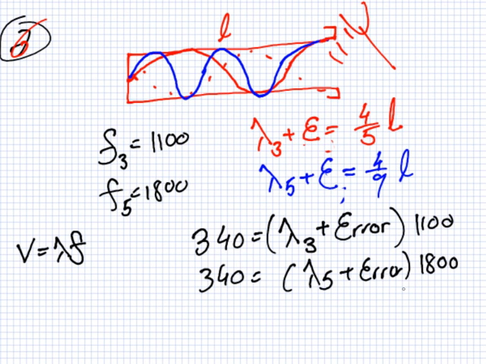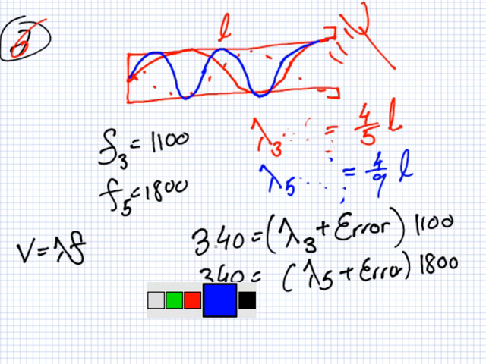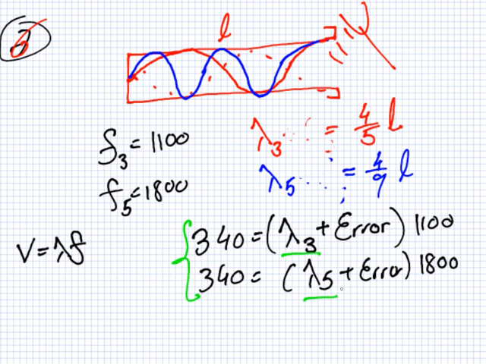Now, let me just remove the e's here. I don't want to write them twice. I already wrote the errors here. Now, if you look at this, how many equations do I have? 2. But how many unknowns do I have? 3. Lambda 3, lambda 5, and the error. But I can change the lambdas into L's, because the length of the pipe doesn't change.